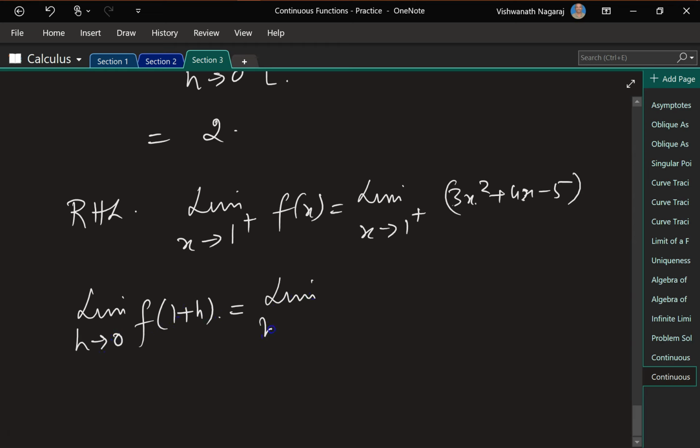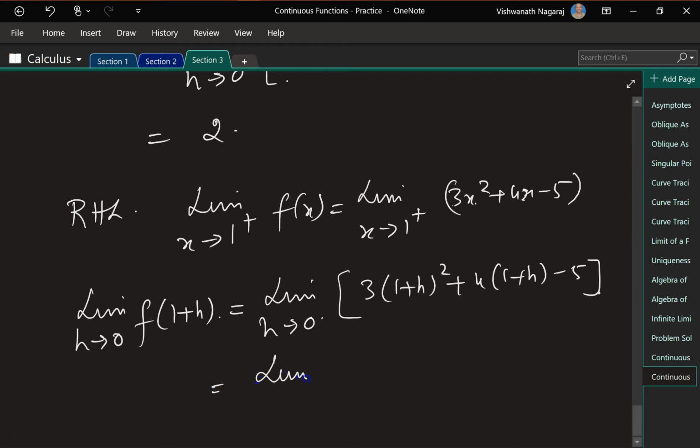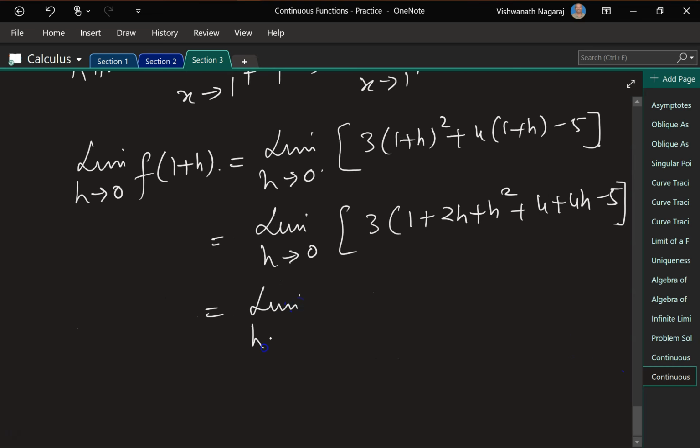So limit as h approaches 0 of 3 times 1 plus h square plus 4 times 1 plus h minus 5, which is equal to limit as h approaches 0 of 3 times 1 plus 2h plus h square plus 4 plus 4h minus 5, which is equal to limit as h approaches 0 of, here the bracket closes, 3 plus 6h plus 3h square plus minus 1 plus 4h.